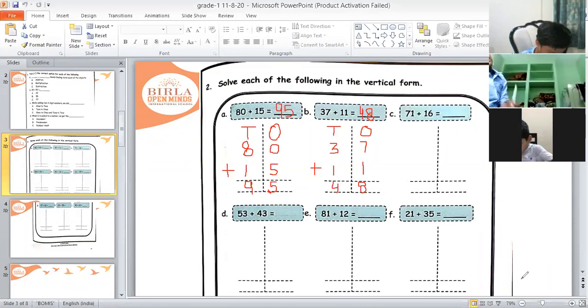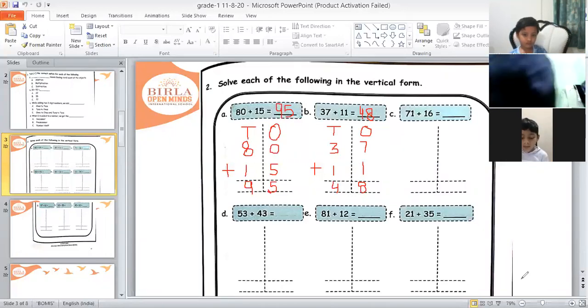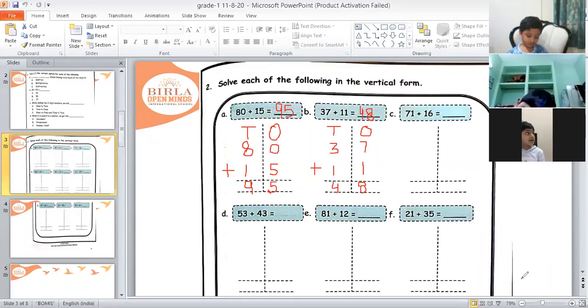Which sign? After 71, plus or minus? 16. Now read that question all together. This is 71 plus 16. Yeah, children, you have to read that symbol also. This is 71 plus 16.